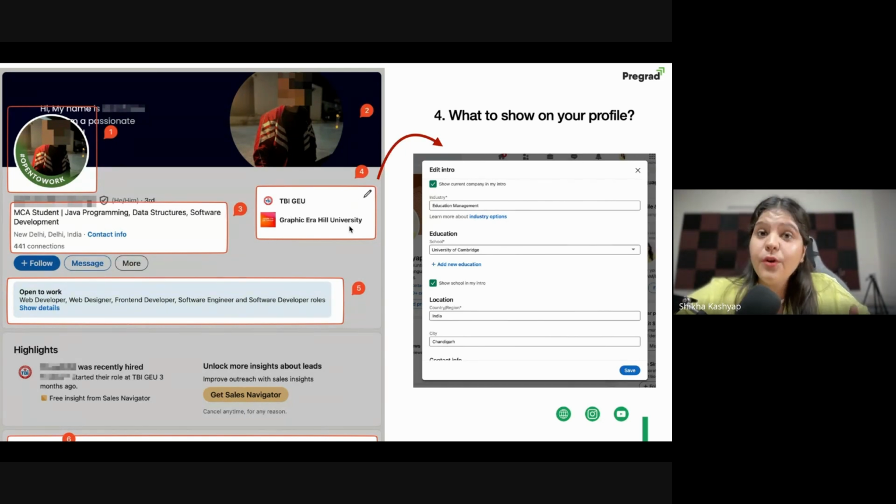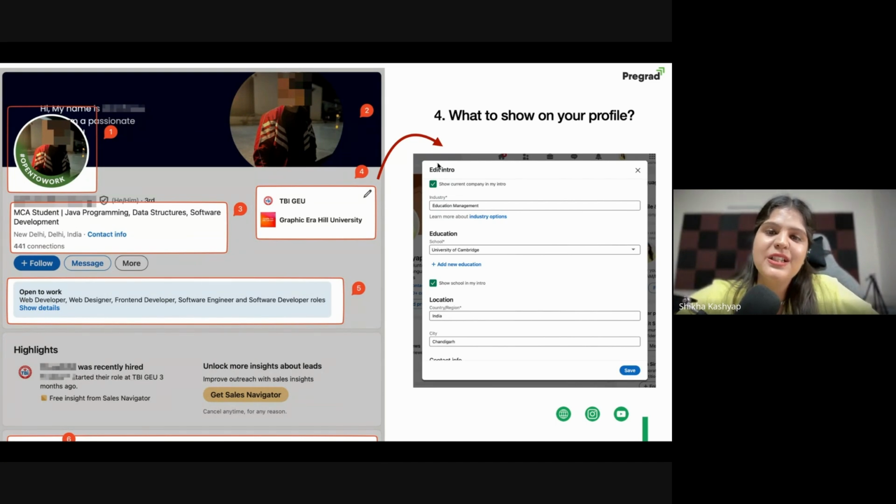But if you go to your LinkedIn profile, you will not find it here because people mention education in the education section, but they do not enable this one option, which is here. So after this class, when you go back to your LinkedIn profile, this is the first thing you should do. Easiest step. Yeah. So what you have to do, you will see this icon of a pencil on your profile, only on your profile. You will click here.